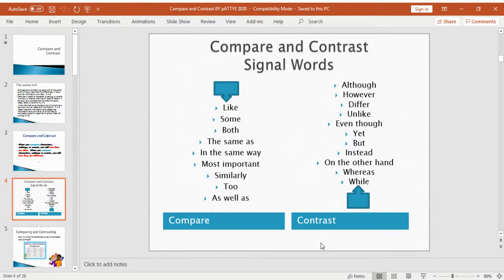But authors can also use contrasting words to signal events are different. They may use words such as although, however, differ, yet, but, on the other hand. These are a few examples of words that authors may choose to use when they are comparing and contrasting in a text.